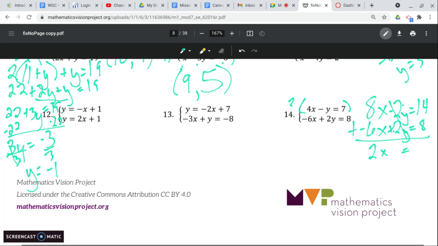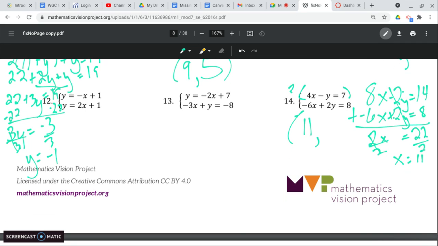22. So we have 2x equals 22. We divide by 2. So x equals 11. So 11. Now we need to plug the 11 back in to find out what y is. So I'm going to take, let's see, 4 times 11 minus y equals 7.